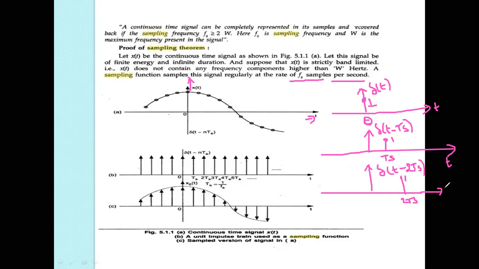Towards the left side also, there is a shifted delta of t plus Ts, one sample to the left, minus Ts, and another sample, delta of t plus 2Ts, shifted two samples to the left, minus 2Ts.